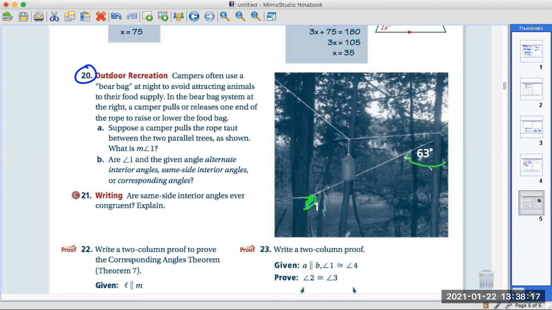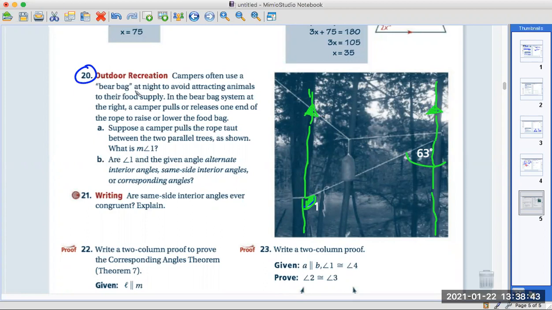Then this one is 60 degrees. The thing you have to assume is that the two trees where it's hanging on this pulley contraption are parallel. See those trees? If they don't grow straight up parallel, then you really can't solve it. But it kind of looks like they are, pretty much. So that's one thing they didn't mention in this.